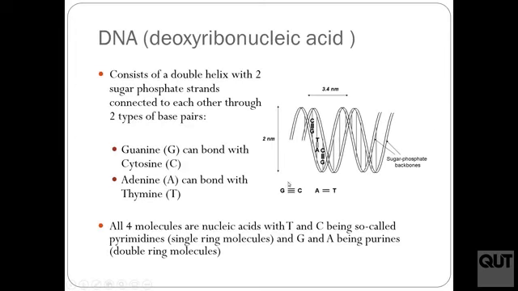So they can be G and C or A and T, the base pairs. All of these are acids. That's basically how the DNA is made up.